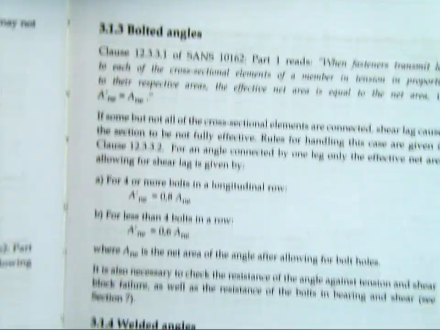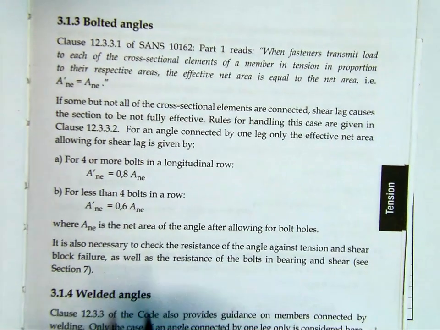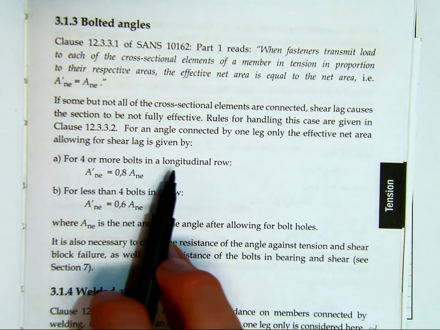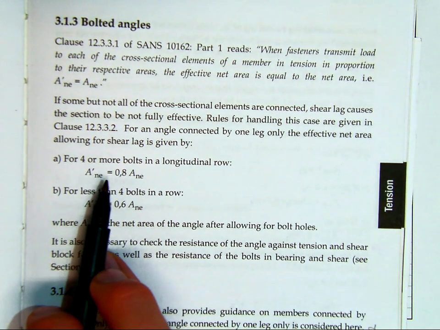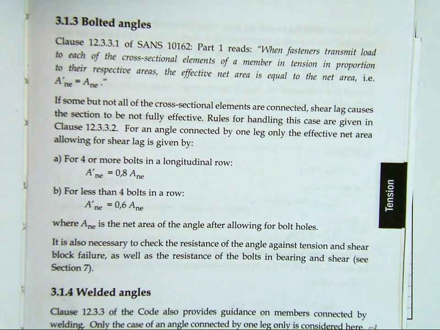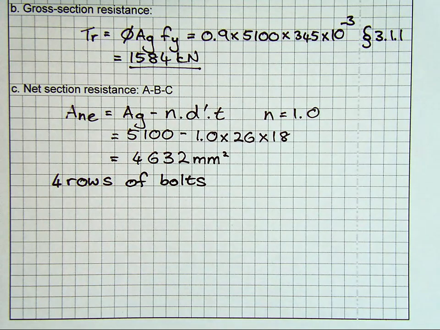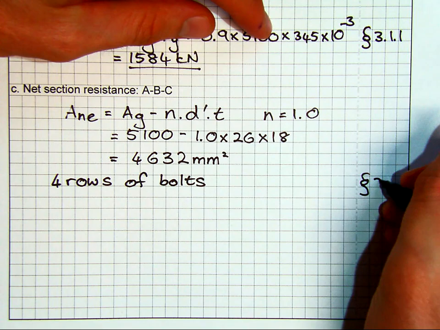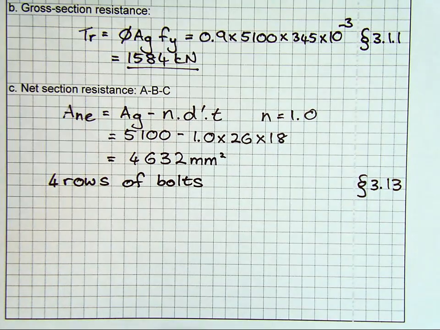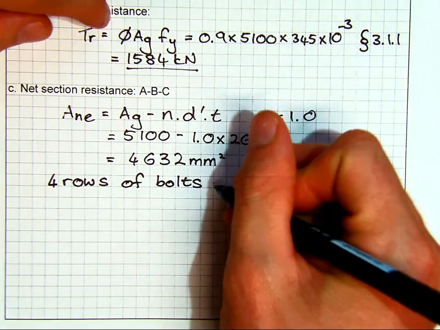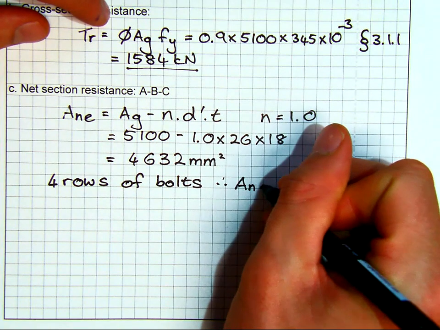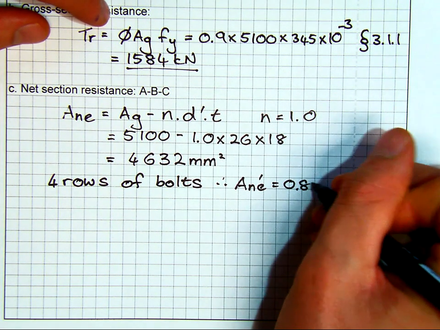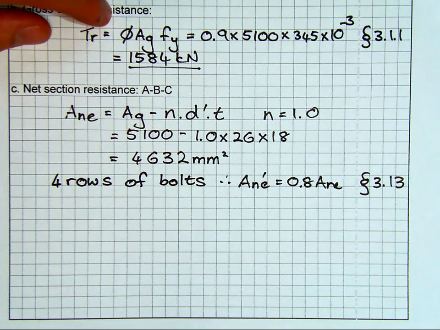I'm just going to show you the reference from the book. We're in section 313. For 4 or more bolts in a longitudinal row, the effective net area is 80% of the net area. And 4 bolts in a row, therefore, our effective net area equals 0.8 times our net area.